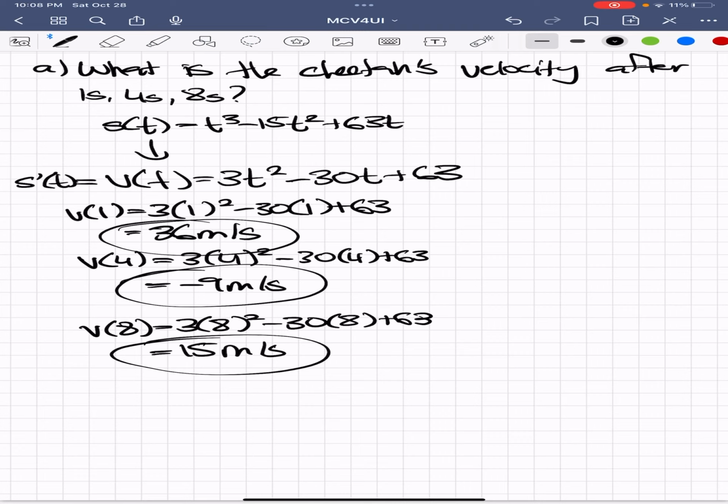So we have different velocities, right? Of the cheetah's velocity after 1 second, 4 seconds, and 8 seconds. So the cheetah is running at different speeds at these seconds.